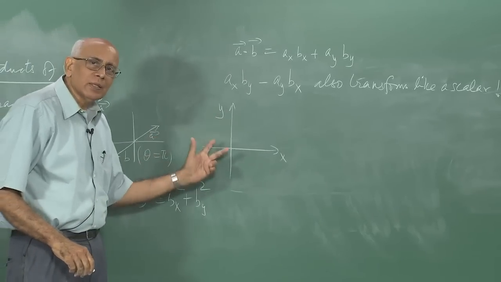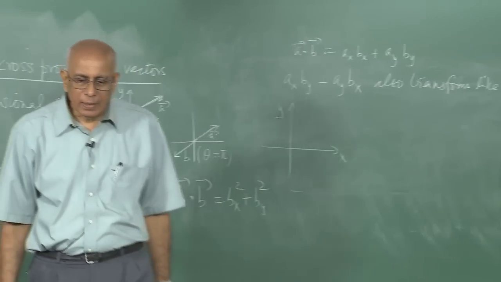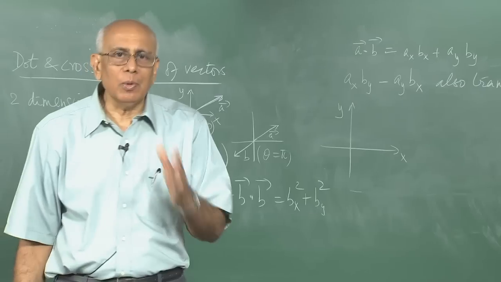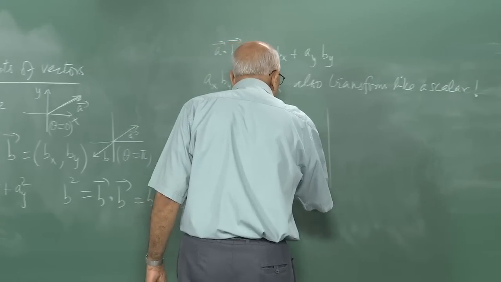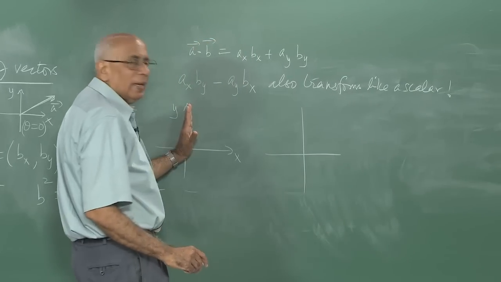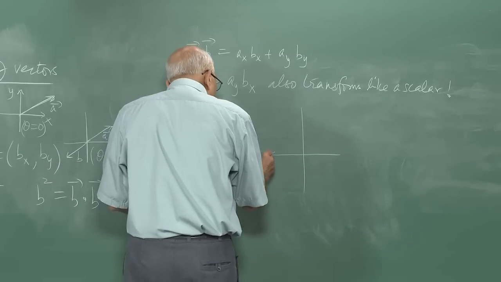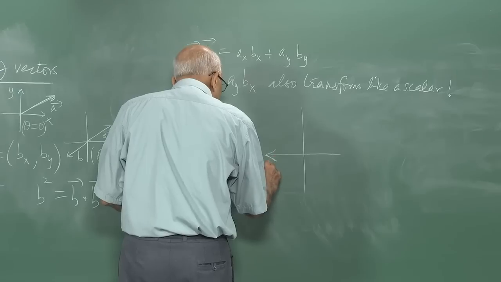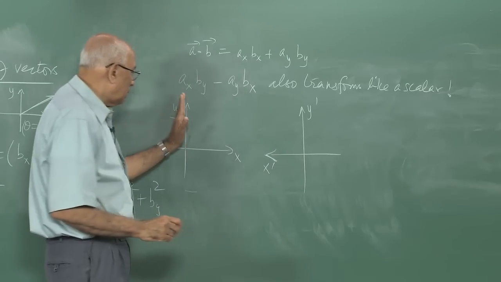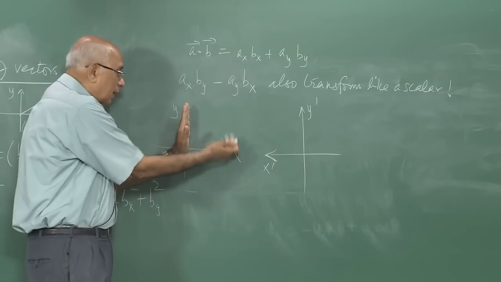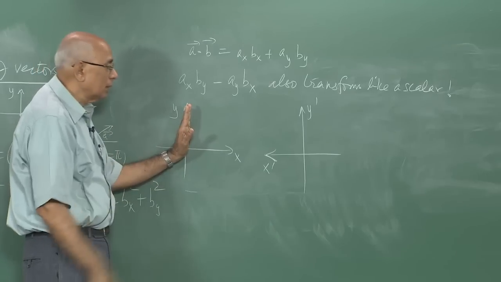Instead of rotating this coordinate system, suppose I reflect this coordinate system about one of the axes. So my new axes x prime and y prime, if I reflect about the y axis, then x prime is on this side, but y prime would be the same as y because I am just putting a mirror here, so this axis gets reflected to this side.